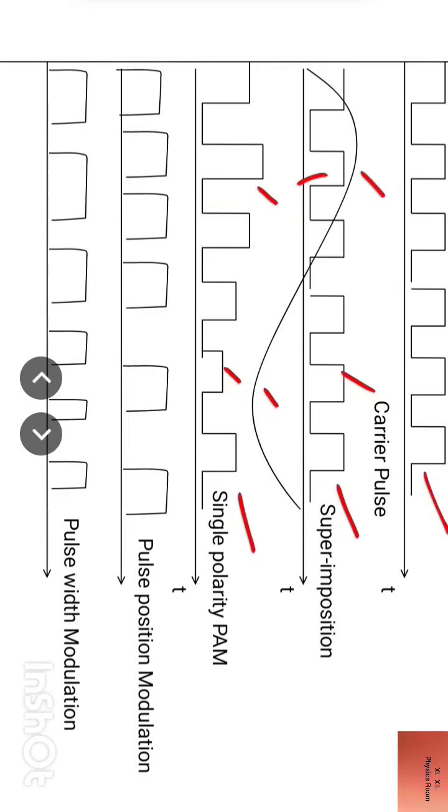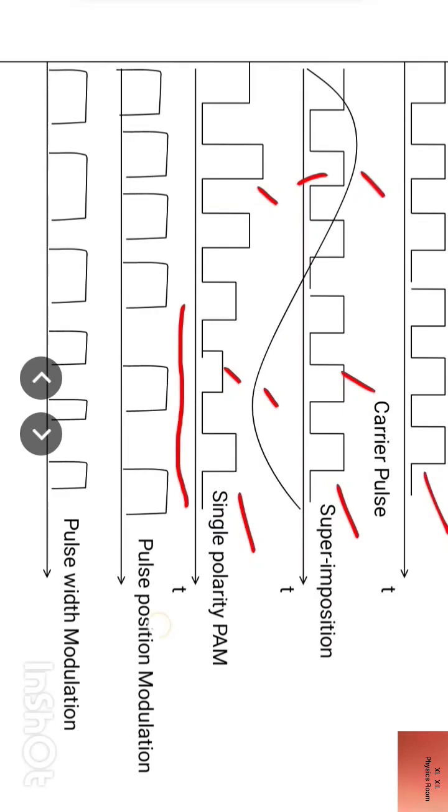Okay, so this is single polarity pulse amplitude modulation. If this portion is downward on the negative side, then it is double polarity pulse amplitude modulation.